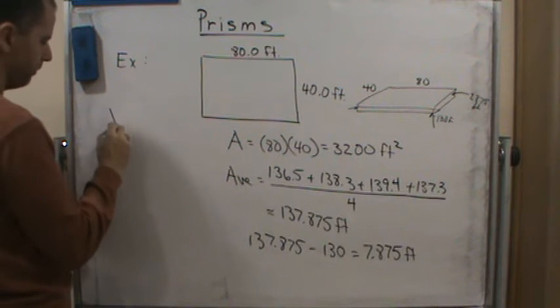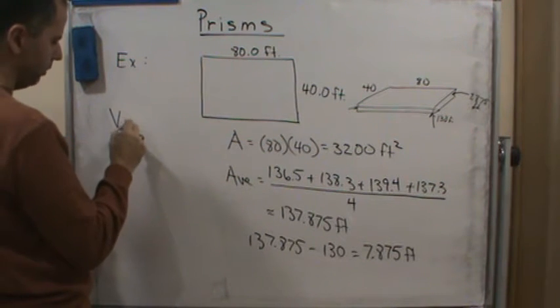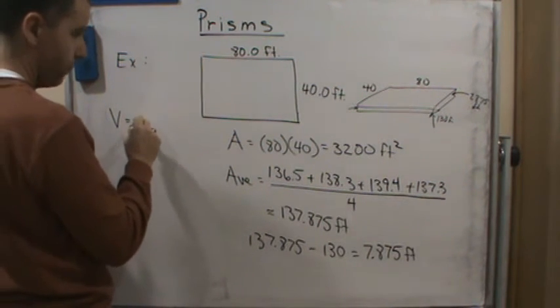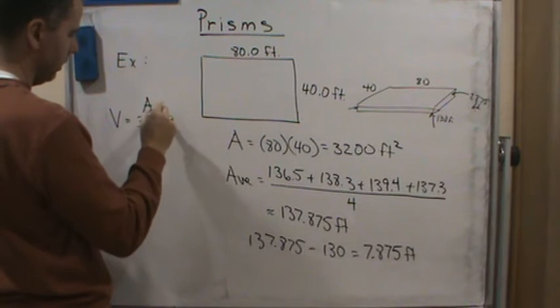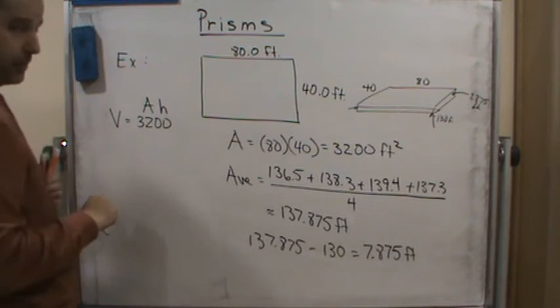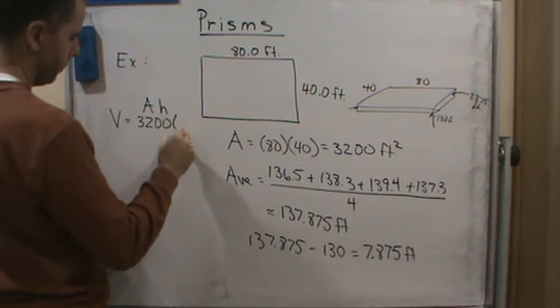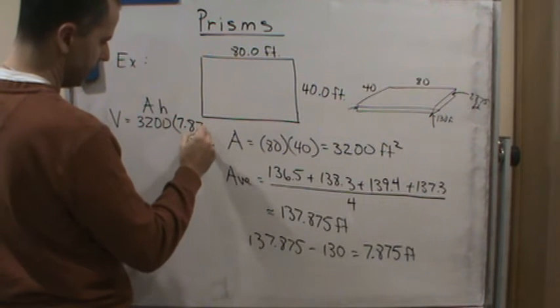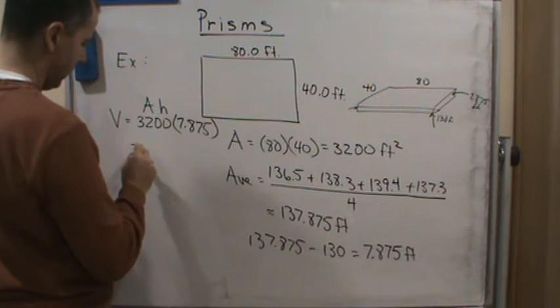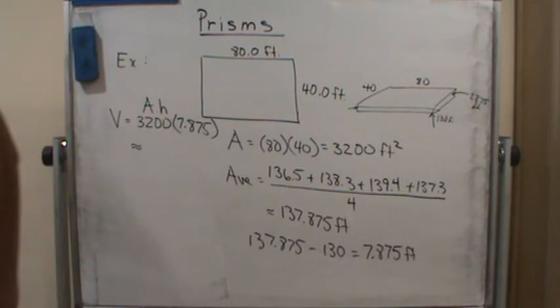The excess volume, if you will, is going to be the area times the depth or height, so 3,200 times 7.875.